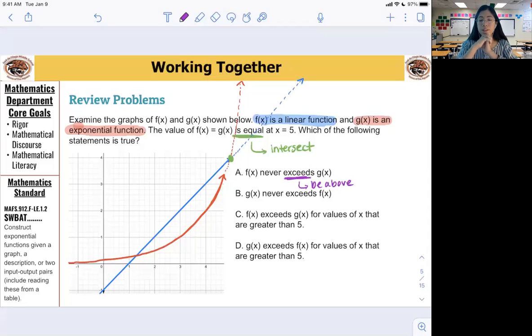Is there an area or a section where blue is on top of red? Don't overthink it. Let me know in the chat. Is there a section of this graph where blue is on top?